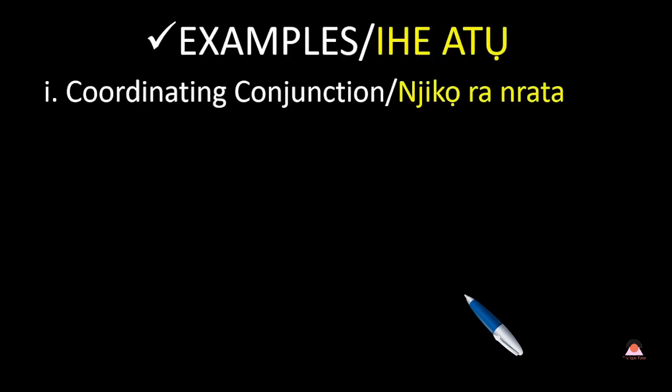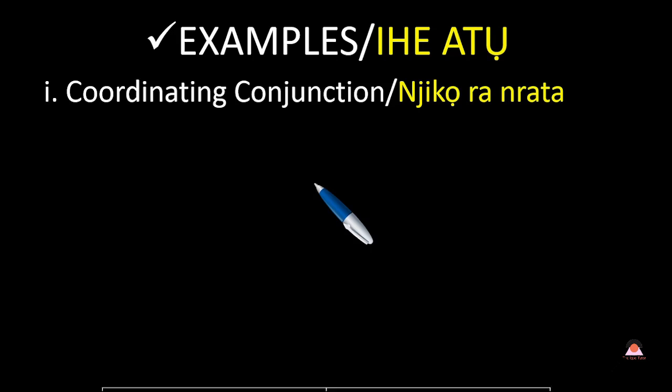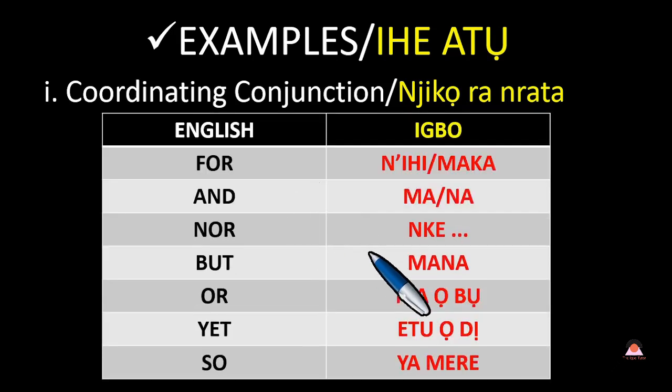We're going to look at number three part of these studies, which is examples. Ihe atụ. Examples. So let's look at the examples, beginning with coordinating conjunction. What are the examples? Look at this table here now. We have examples of them: for, and, nor, but, or, yet, so. Let's look at the Igbo versions. For in Igbo is called nihi or maka, as the case may be.